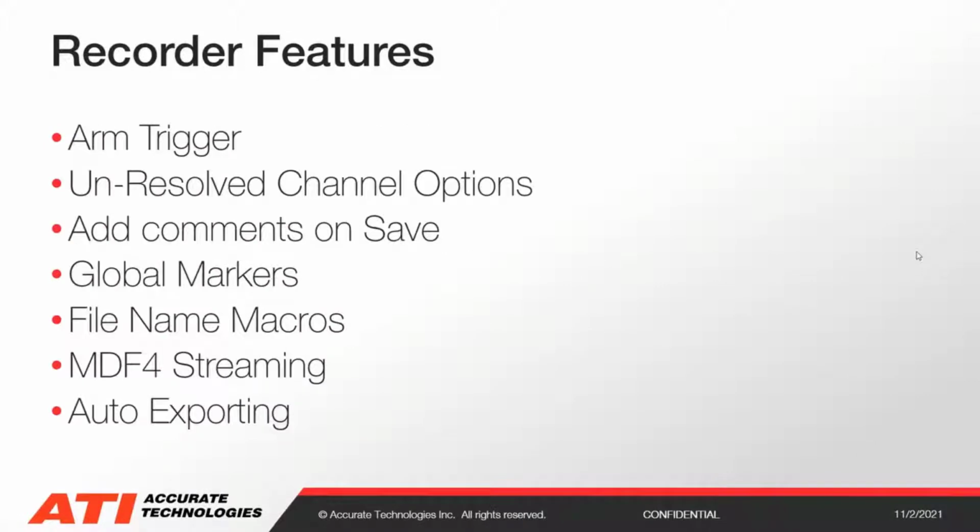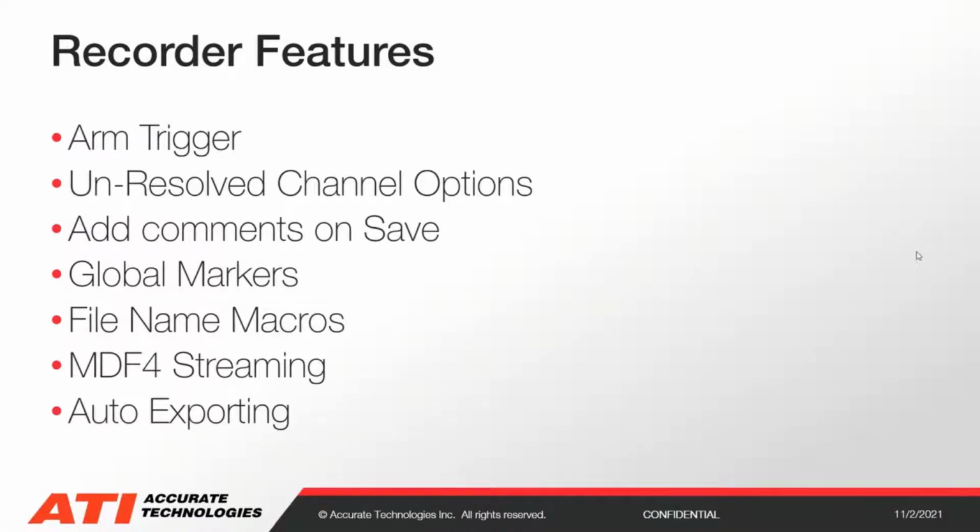All right, so recorder features. This was probably gone over in Vision Basic. Got your arm trigger, of course. Unresolved channel options, so you can choose to block the recorder from starting, to record anyways, or prompt for action on the start. So it'll tell you, hey, you're missing these items. Do you want to continue, yes or no?